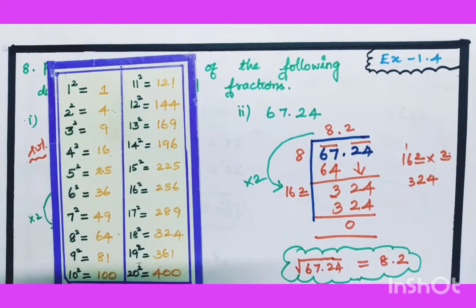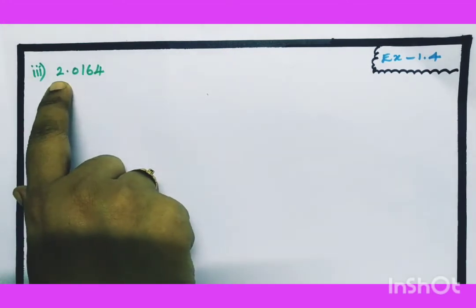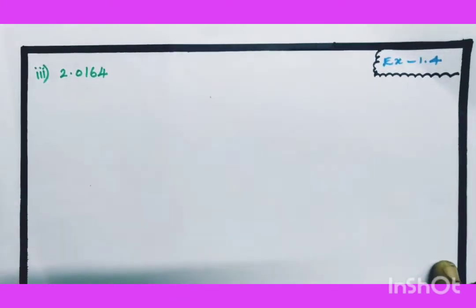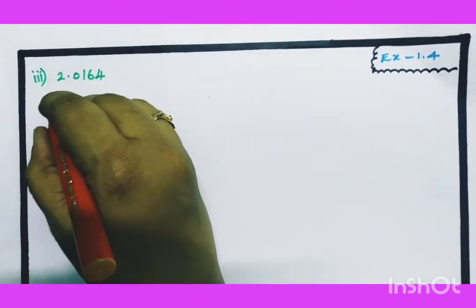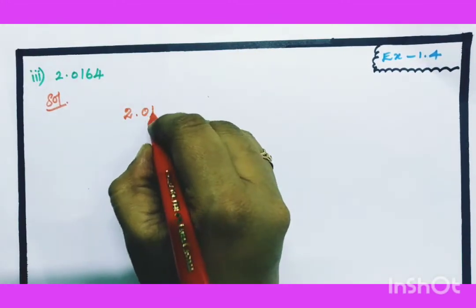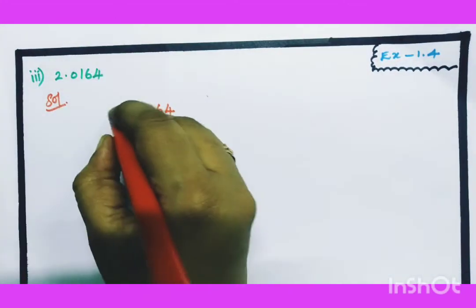Next. So see the next one: 2.0164. See my children, I want to find out the square root.